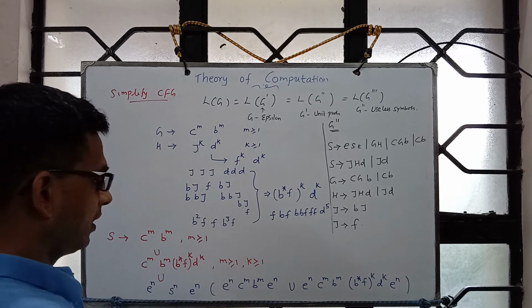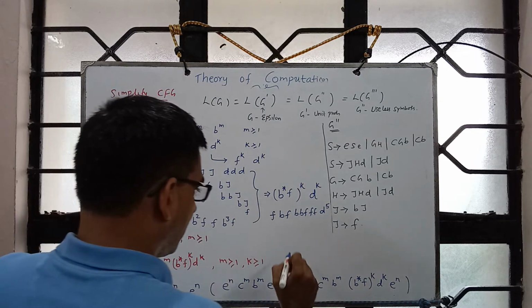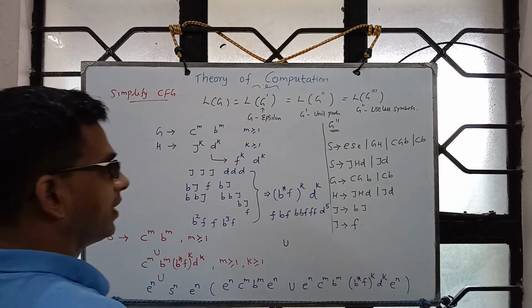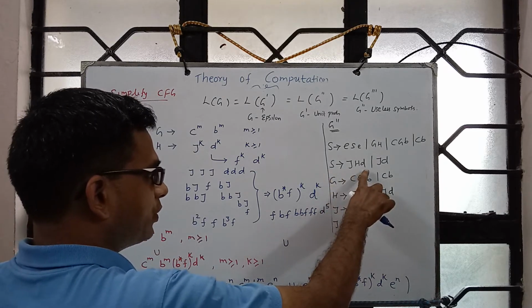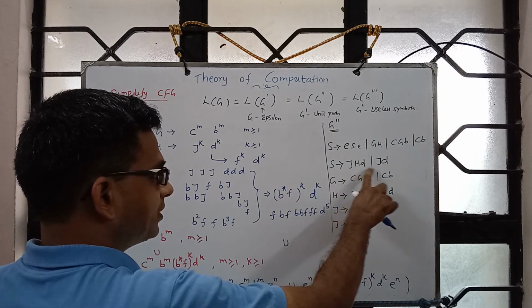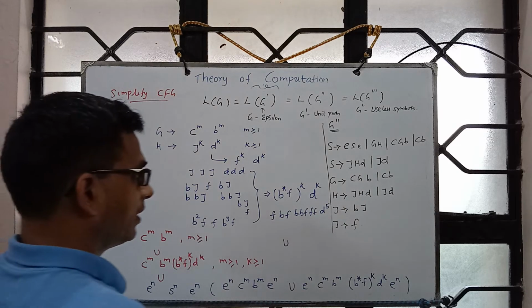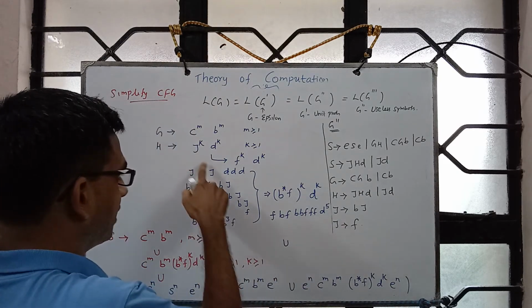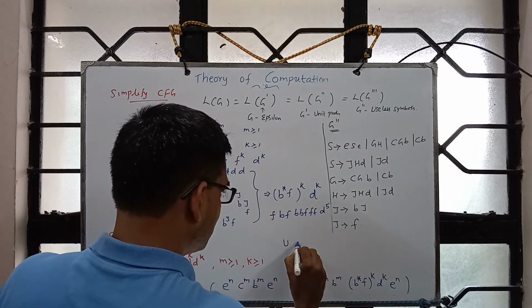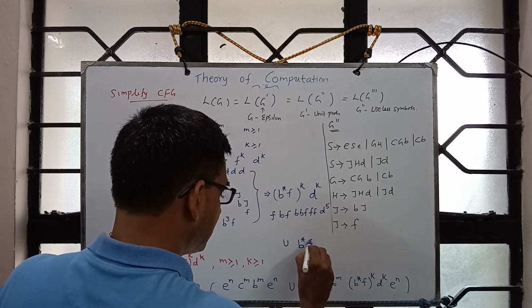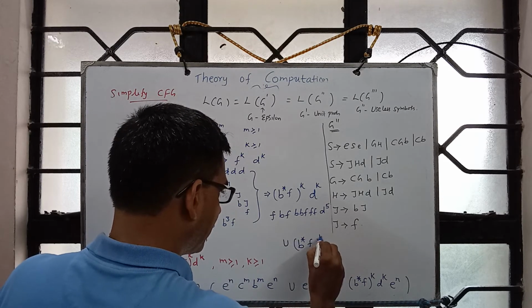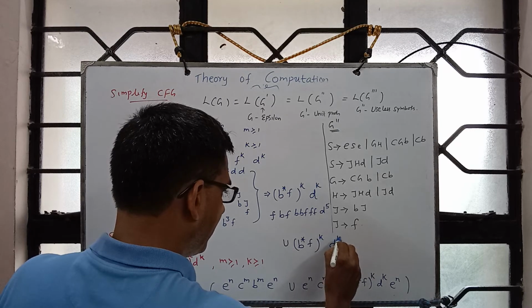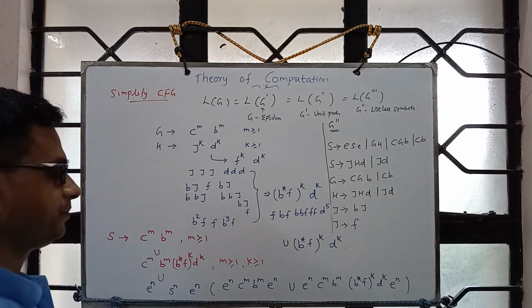Correct? Union, S also generates JHD, which means we know this part, which means union B star f to the power k followed by D power k.